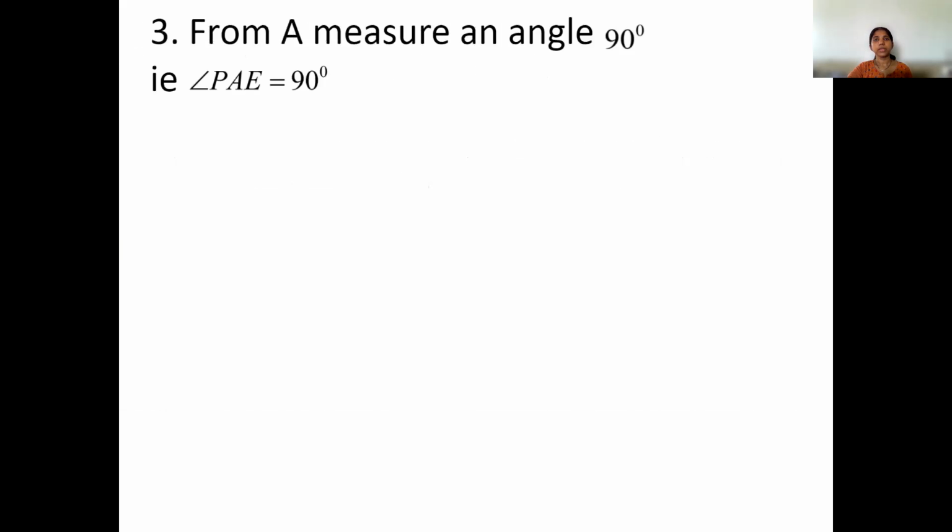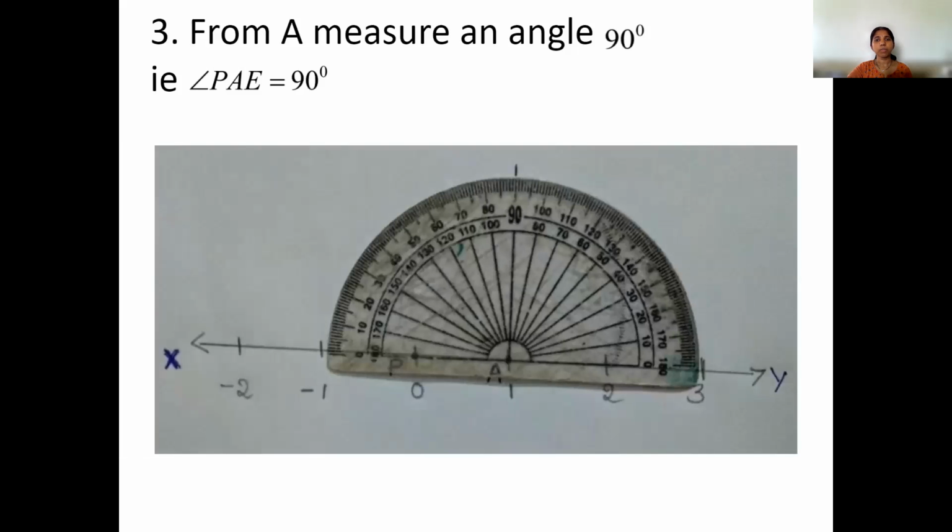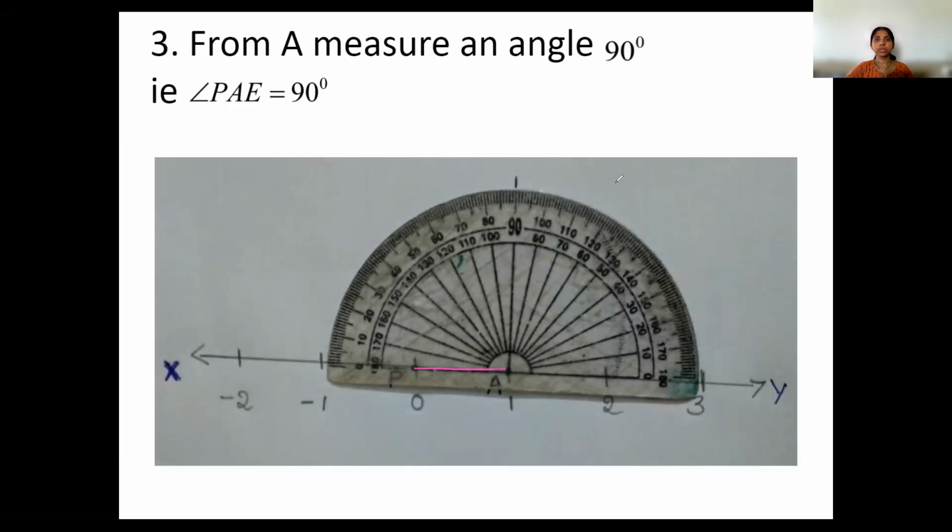What you will be doing is, from A, measure an angle of 90 degrees, keeping the number line as the base. So you will be representing it as angle PAE equal to 90 degrees. This is P, this is PA, and this here is 90 degrees.